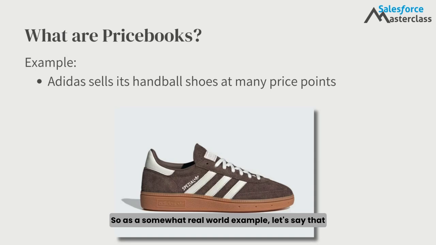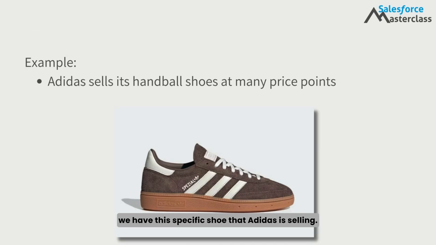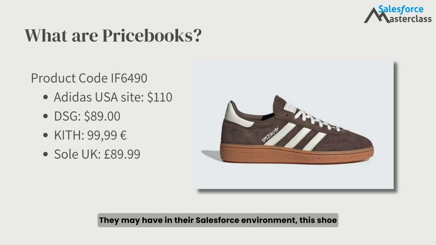As a somewhat real world example, let's say that we have this specific shoe that Adidas is selling. They may have in their Salesforce environment this shoe set with this product code of IF6490. Now, in their list price, their standard price book, they most likely have wherever their headquarters is. So if it's a US headquarters, they'll have the US dollar price point for the shoe at their list price.